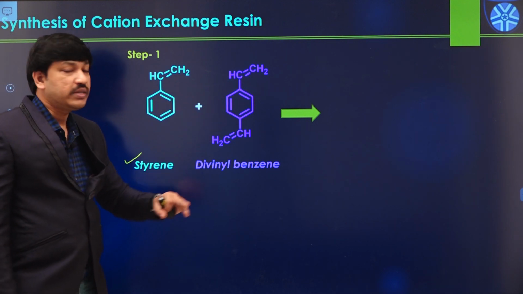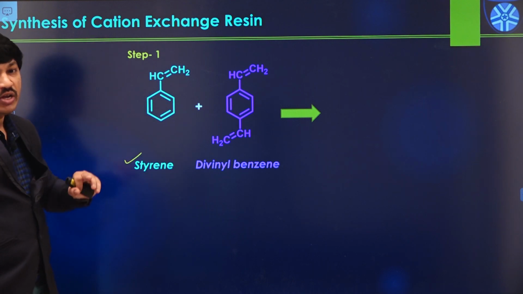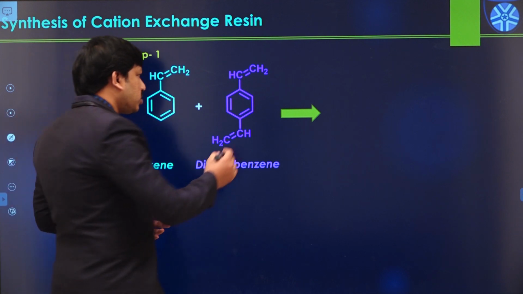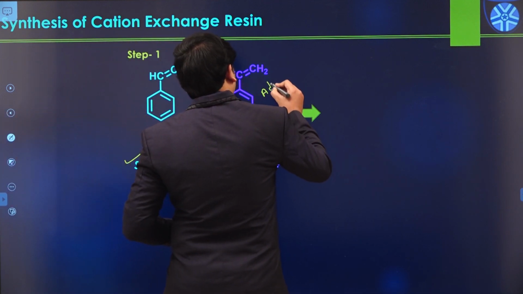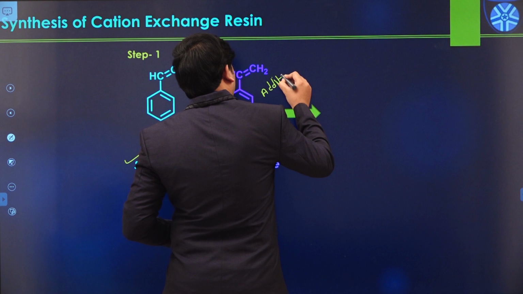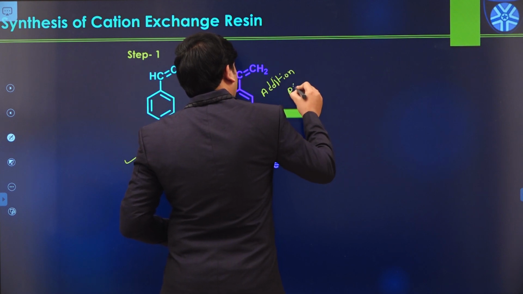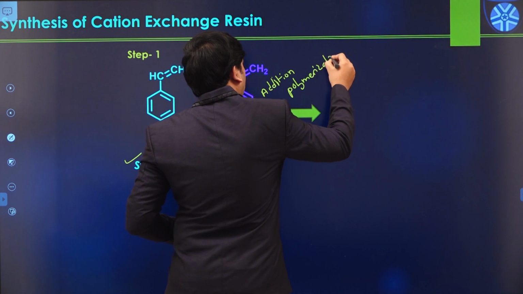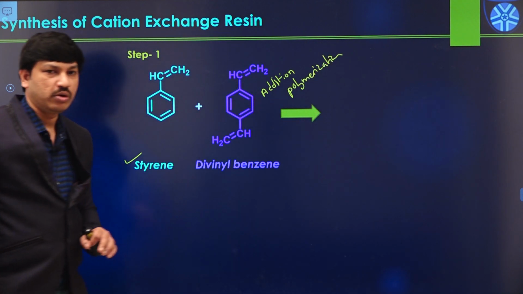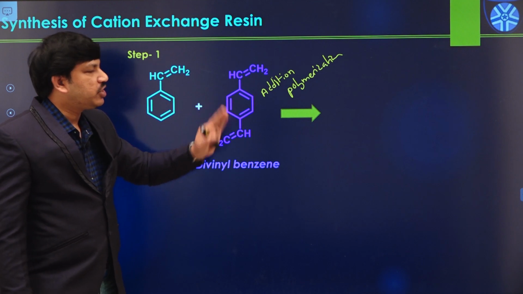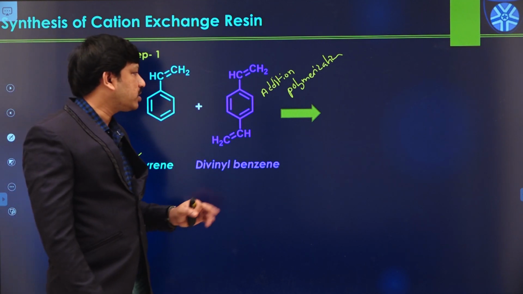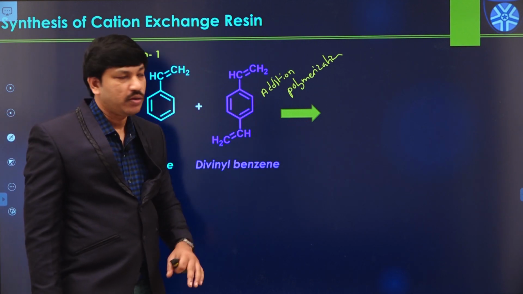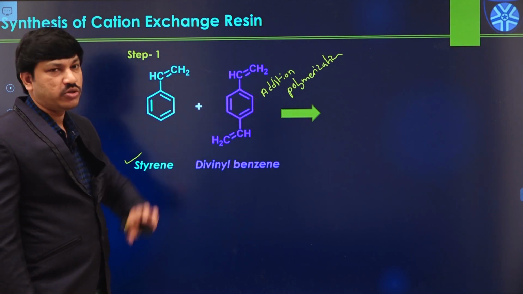Now these two monomers react with each other in a similar fashion, like ethylene molecules converting into polyethylene, and this is also known as one of the addition polymerization processes only. So styrene and divinyl benzene undergo addition polymerization process in order to form the corresponding styrene divinyl benzene copolymer. But how is it possible?